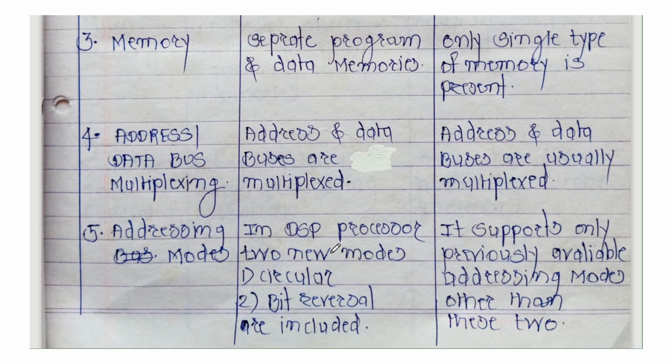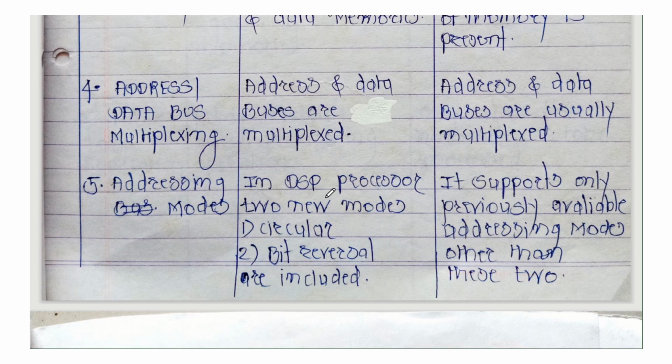Addressing modes: in a DSP processor, two new modes, circular and bit reversed, are included. A general purpose processor supports only the previously available addressing modes other than these two. So these two modes are not available in the general purpose processor.